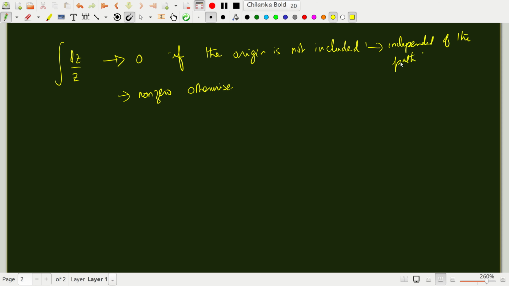Now what is special about z equal to 0? What is special about the origin being included or not? Remember that 1 over z is not analytic at the origin.